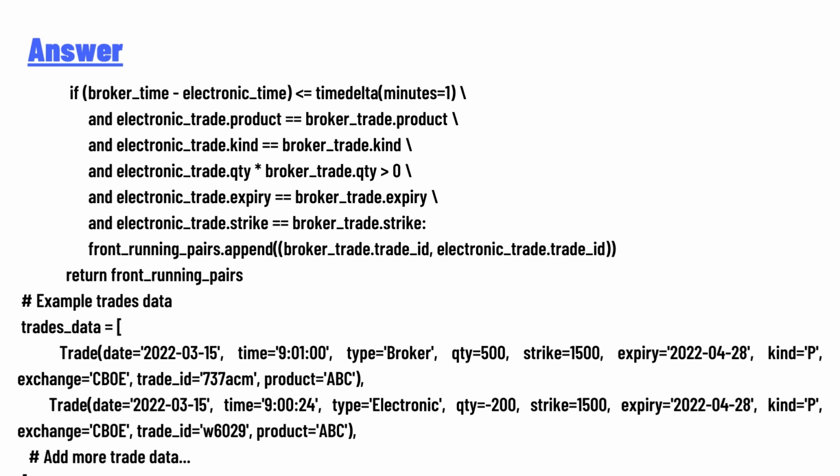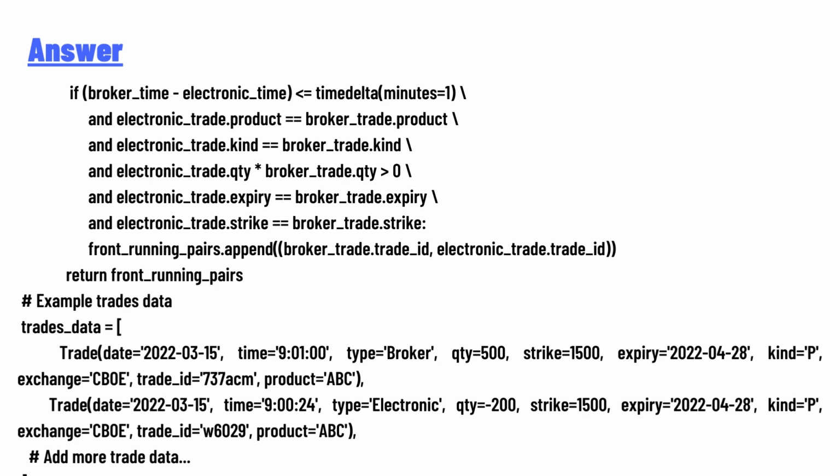Example: trade data. Date 2022-03-15, time 9:01, type broker, QTY 500, strike 1500, expiry 2022-04-28, kind P, exchange CBOE, trade ID 737ACM, product ABC. Trade date 2022-03-15, time 9:24, type electronic, QTY minus 200, strike 1500, expiry 2022-04-28, kind P, exchange CBOE, trade ID W6029, product ABC.